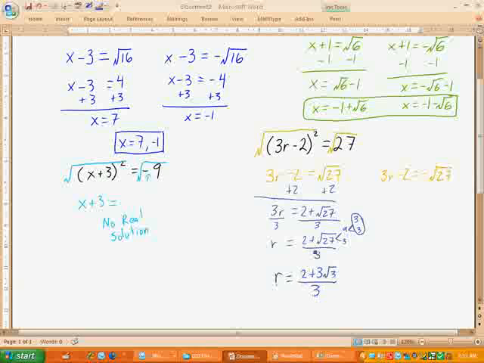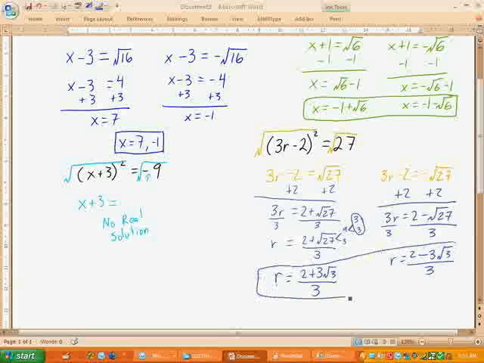Just because I did this one doesn't mean I'm done. So I go ahead and add 2 to both sides, so I've got 3r = 2 − the root of 27, divided by 3. So r = 2 minus, now instead of writing the root of 27, I already know the root of 27 is 3 root 3, so I'll write that, divided by 3. And that's the answer.